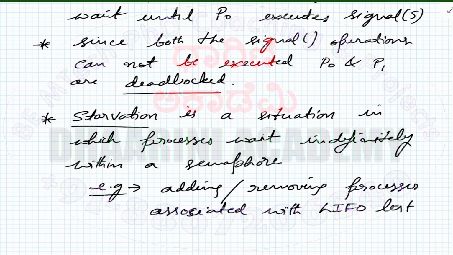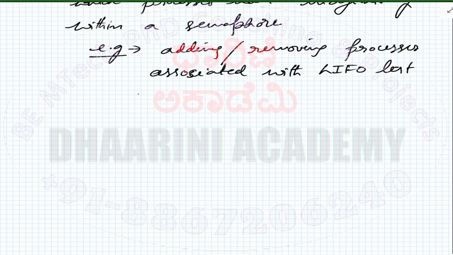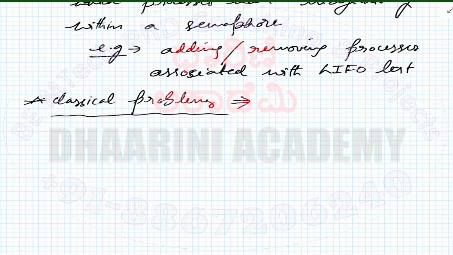Okay, after starvation, the next topic is the classical problems of synchronization. Generally, whenever we discuss synchronization, we see a lot of concurrency related problems which deal with the control.